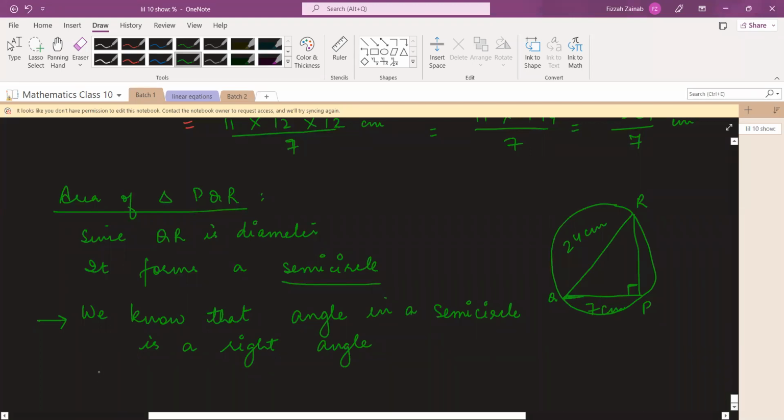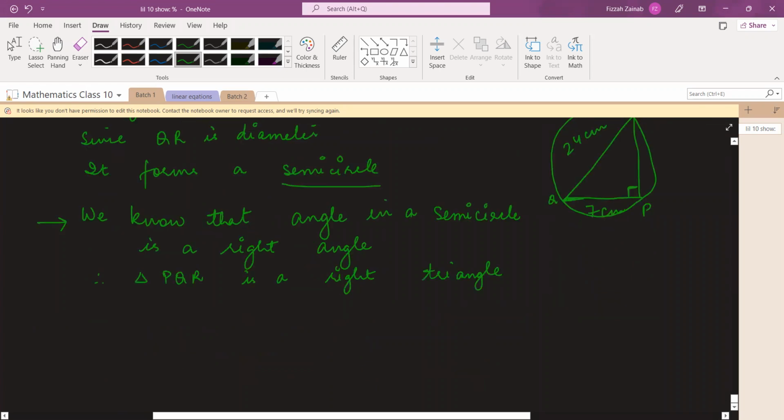So therefore, triangle PQR is a right triangle, correct? Now we are saying that it's a right triangle, so we can use Pythagoras theorem.